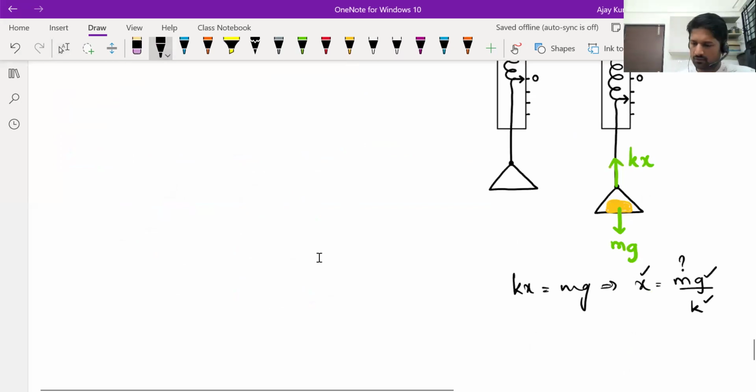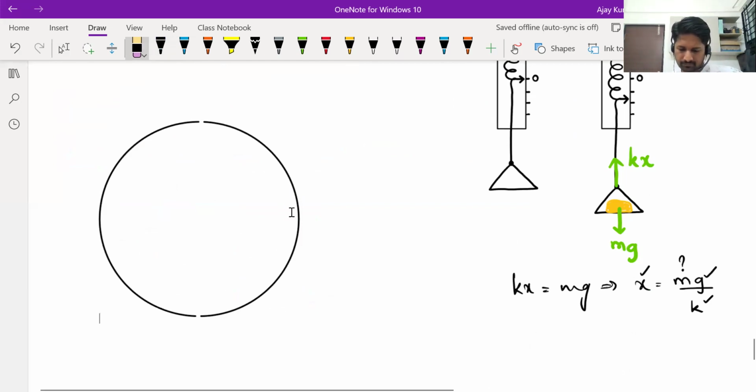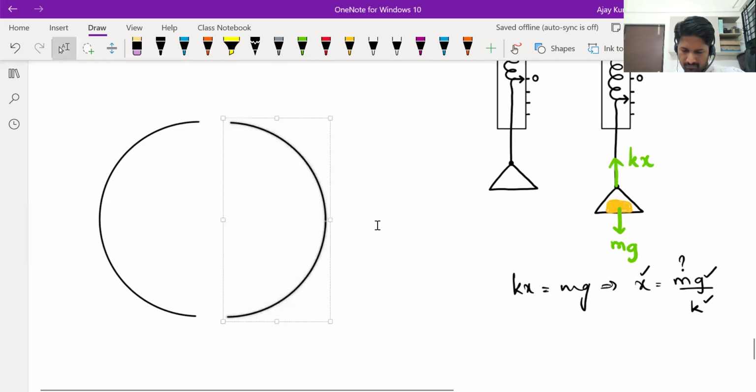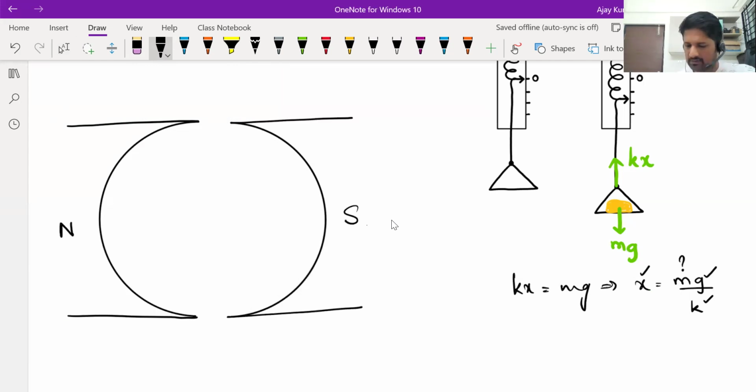To overcome that challenge, scientists came up with something called a radial magnetic field. Consider something like this. Let's say this is a strong permanent magnet, and assume this is the North Pole. And this is the South Pole.